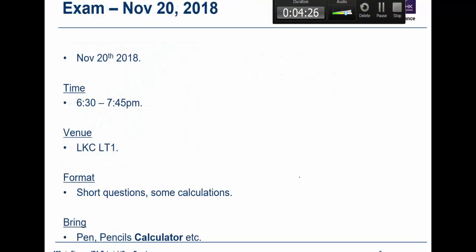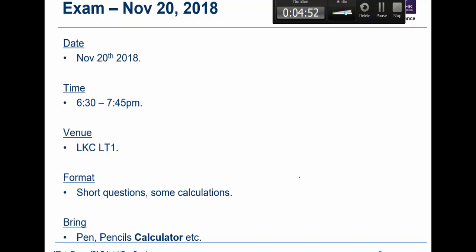So this is the calendar, and for the exam, it's going to be short questions, not multiple choice. I don't know why some people thought it would be. It's not. So you should bring pens, and I don't think you need pencils. You can bring them, but certainly a calculator.